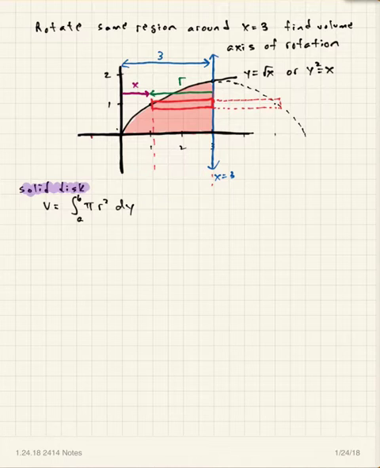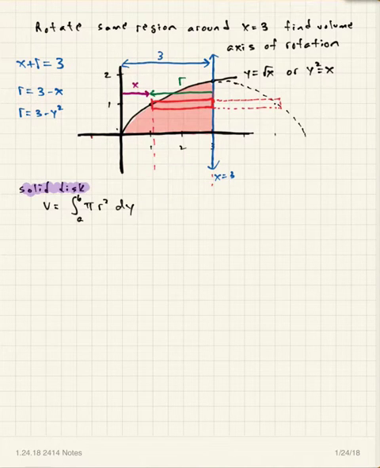That's 3. And notice from the picture that x plus r has got to be equal to 3. And so in our problem, r would be 3 minus x. And x is equal to y squared, so r would be 3 minus y squared. That's our expression for r.